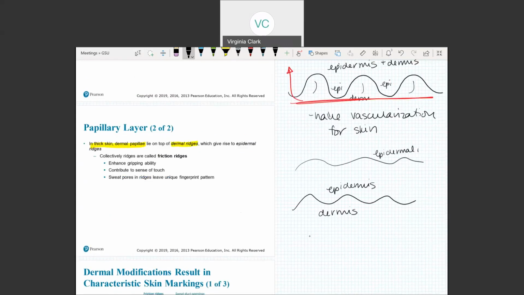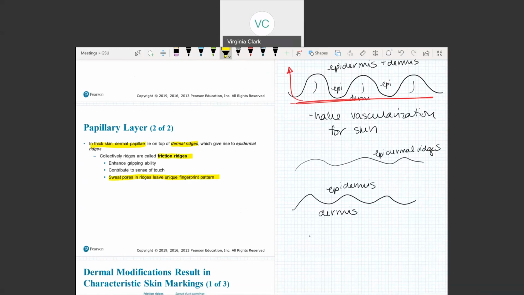ridges. This is where you are going to see external ridges. These are going to be called friction ridges because they're going to be on the external surface of your skin. When oil or sweat collects in these epidermal ridges, it will leave a unique fingerprint pattern.